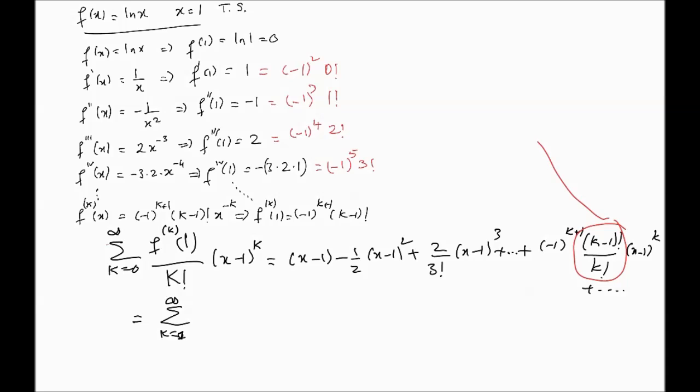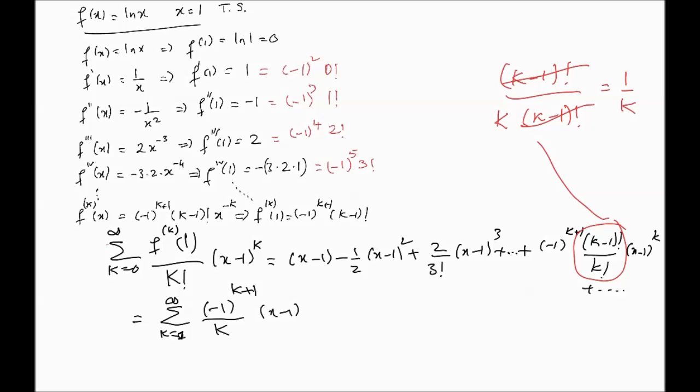So that's k minus 1 factorial divided by k times k minus 1 factorial, right? So that clearly cancels, leaving us with 1 over k. So that means we end up with our negative sign, which is k plus 1, divided by just k, no more factorial, times x minus 1 to the power k. So that's our Taylor series for ln x.